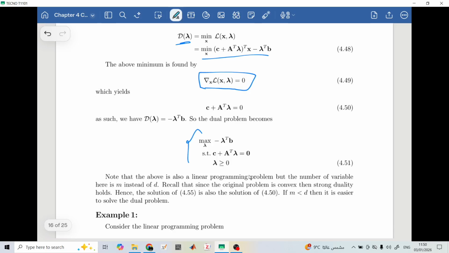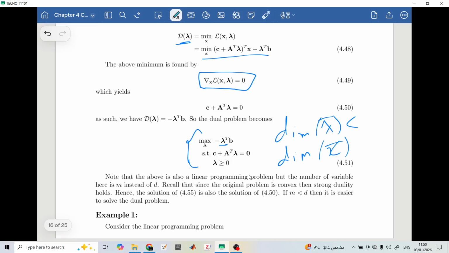Why should you find the dual problem here? If the dimension of lambda is less than the dimension of the variable x, this means the dual problem is easier to solve compared to the primal problem.